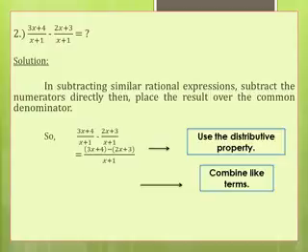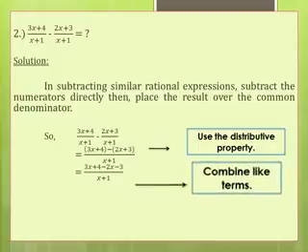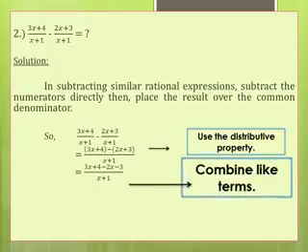As we see, the expression has brackets, so we can simplify it further by using the distributive property. It will become 3x plus 4 minus 1 times 2x, so negative 2x, minus 1 times 3, which is negative 3, and all over x plus 1. We combine like terms, so it will become 3x minus 2x plus 4 minus 3 all over x plus 1.